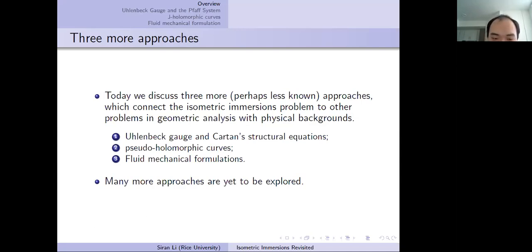The second one was pioneered by François Labourie. He studied isometric immersions by looking from the theory of pseudo-holomorphic curves. I think Labourie is a student of Gromov. He found some very striking connections between these two fields. Thirdly, we mention some recent works on the fluid dynamical formulations. And of course, many more approaches are yet to be explored.